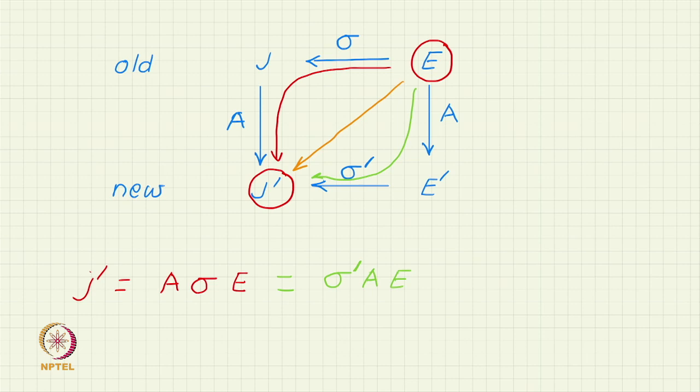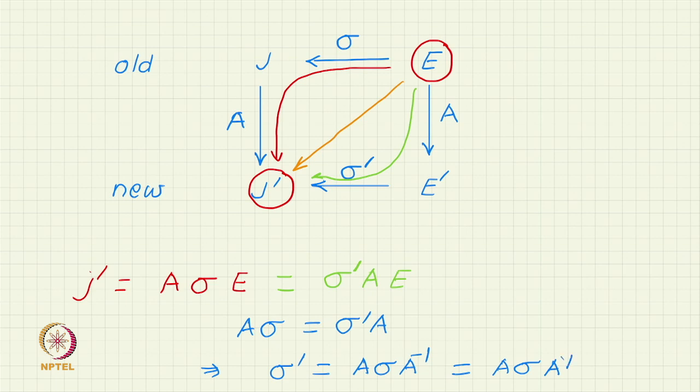So, you can see that these two expressions are the same. We have got exactly the same result which we did previously. So, we have A sigma is equal to sigma prime A, or in other words sigma prime is equal to A sigma A inverse, or A sigma A transpose.